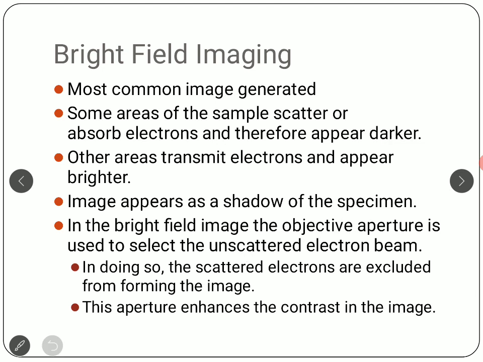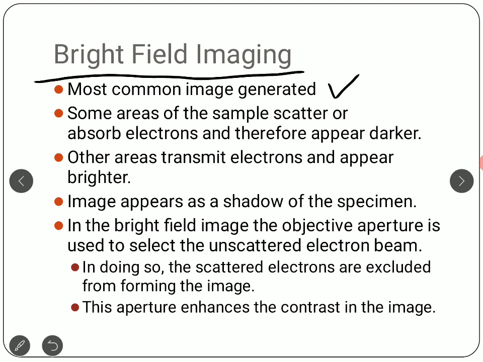Before that, we begin with bright field imaging. Bright field imaging is the most common image generated. If you look into any research paper and look at a TEM image, you will more or less see a bright field image, unless it is done deliberately to enhance or study the samples more closely.